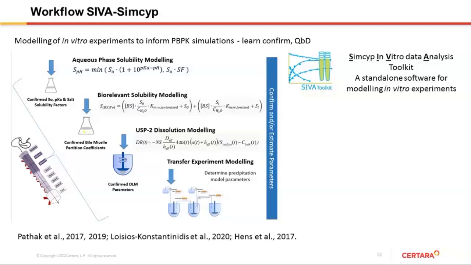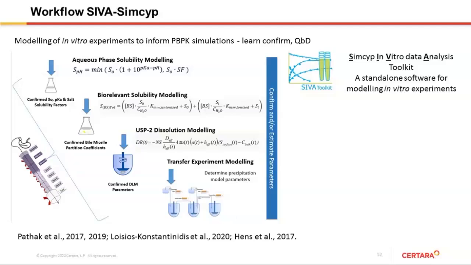Once you have those parameters, you could then move on to biorelevant solubility modeling, such as FaSSIF or FeSSIF, to make sure that you are able to predict accurately, for example, FaSSIF or FeSSIF solubility. You can then fix these parameters and move to your dissolution modeling. And this may be modeling of USP2, as we've shown here, or it may be the modeling of a transfer experiment if you have done these in certain special cases where this kind of modeling is required.